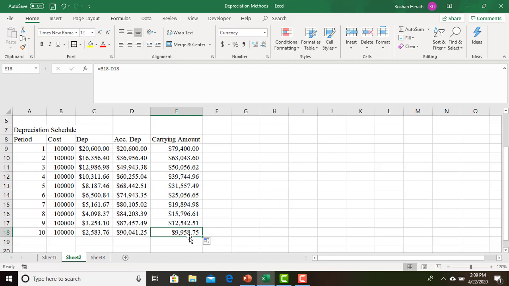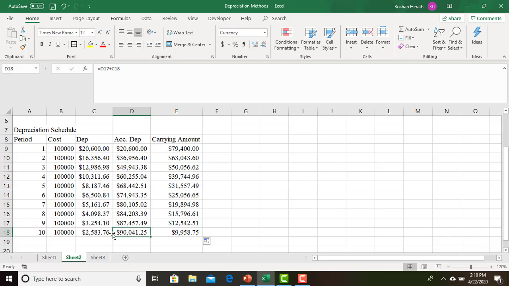But we know that when it comes to depreciation, all that we depreciate is the depreciable amount. The depreciable amount is the cost minus the salvage value, so therefore 90,000 should be depreciated. But here we can see we have depreciated somewhat more, because in this particular method there can be small differences towards the end of the depreciation.